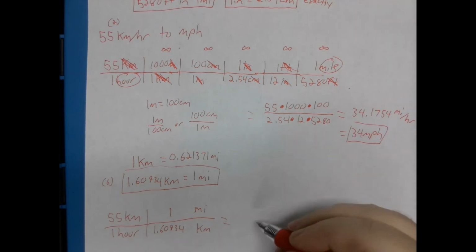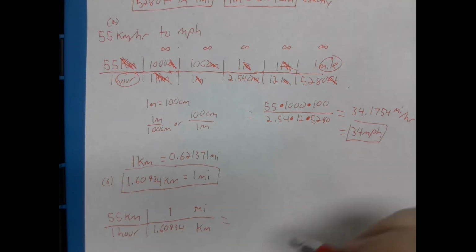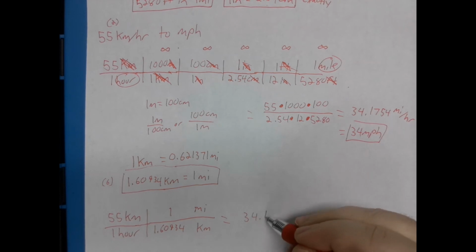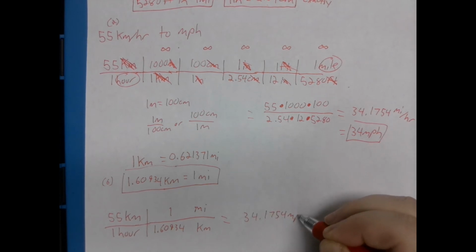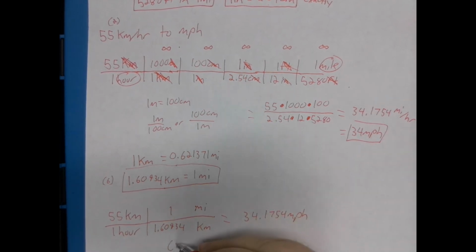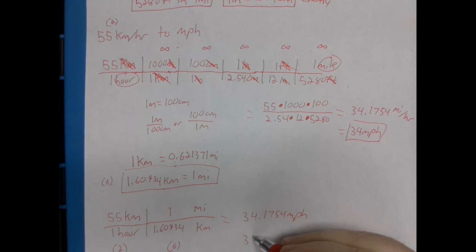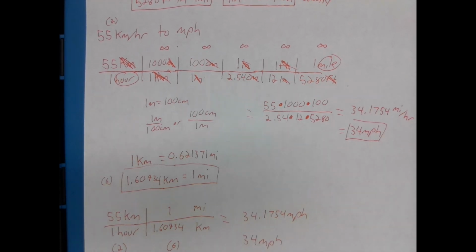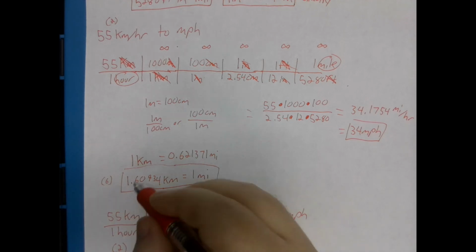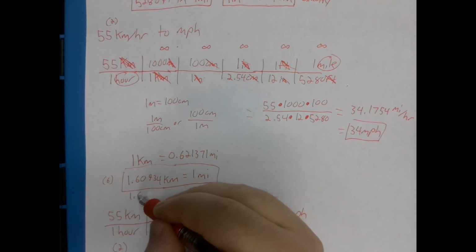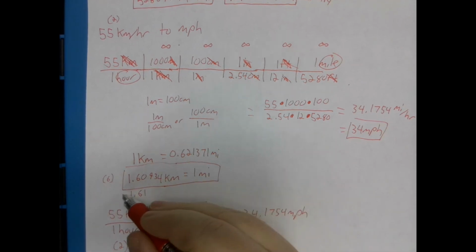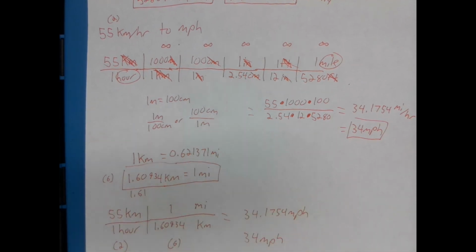If you plug that in, you'll also get 34.1754 miles per hour. This has 6 significant figures. This has 2. We use the one that has the least, so 34 miles per hour, and we get the same result. If you had rounded this to 1.61, then you would reduce significant figures down.